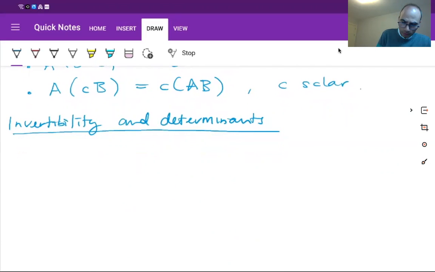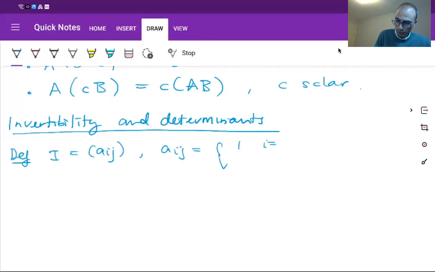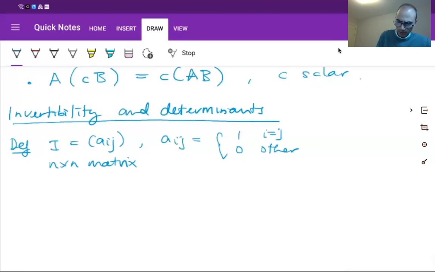So a definition: the n by n identity matrix is the matrix with entries 1 if i equals j and 0 otherwise. So it's an n by n matrix, and we call this the n by n identity matrix.